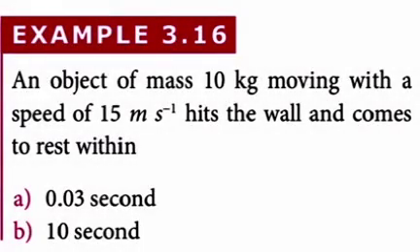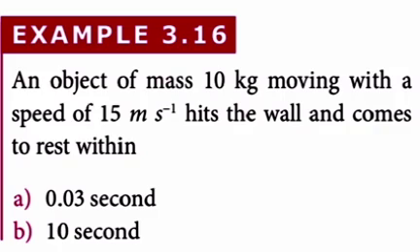Students, next example problem 3.16. An object of mass 10 kg moving with a speed of 15 meters per second hits the wall and comes to rest within 0.03 second, and in the second case within 10 seconds. So two timings are given for the same mass.